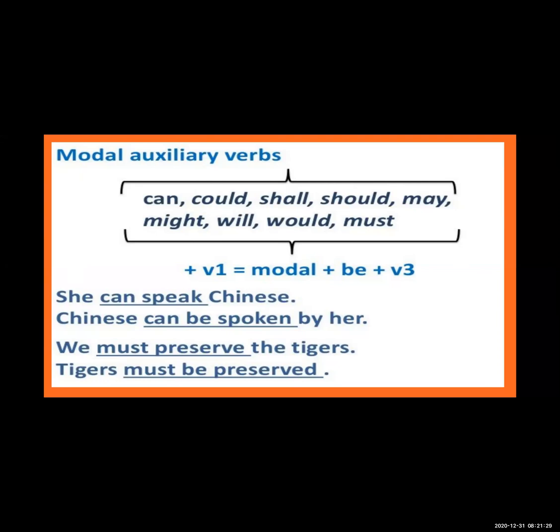And the next one: we must preserve the tigers. Tigers must be preserved. Over here you can see they have not used by. I told you only a few minutes ago that there are some sentences where by plus object is not used. Let us see which sentences those are.